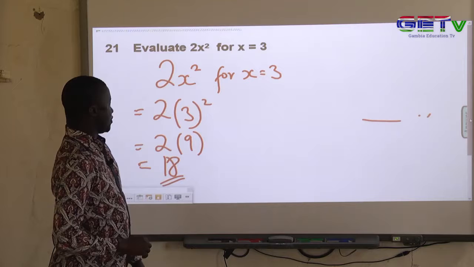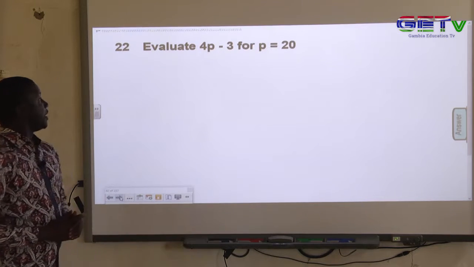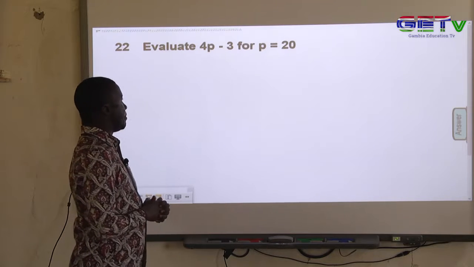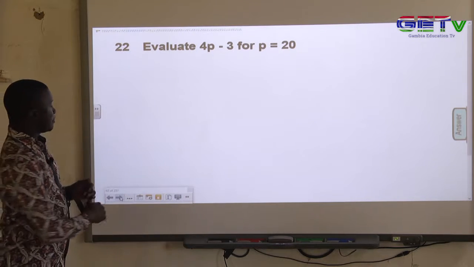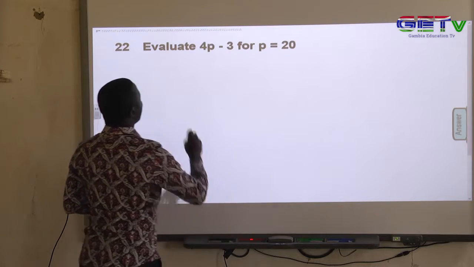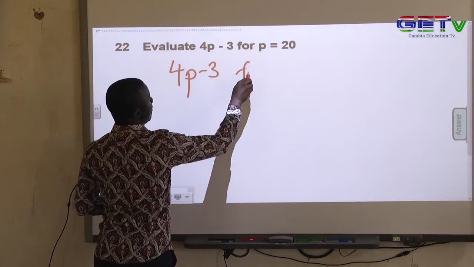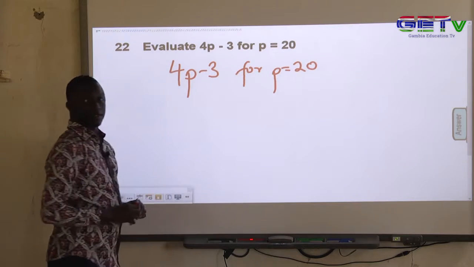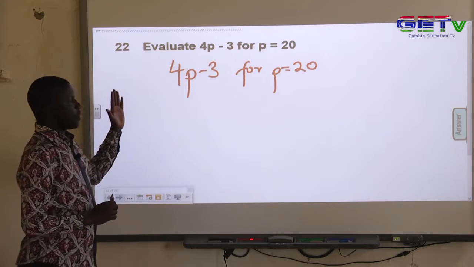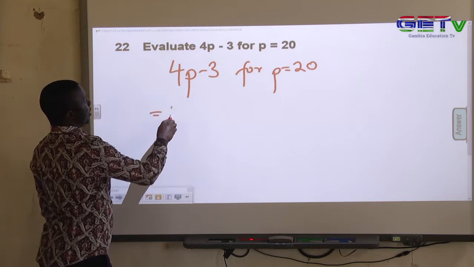Let's move on to the next slide. Here we have to evaluate 4p minus 3 for the value of p as 20. Rewrite our expression 4p minus 3 for p equals 20. That's the first step, rewriting the expression. The second step, let us simplify.